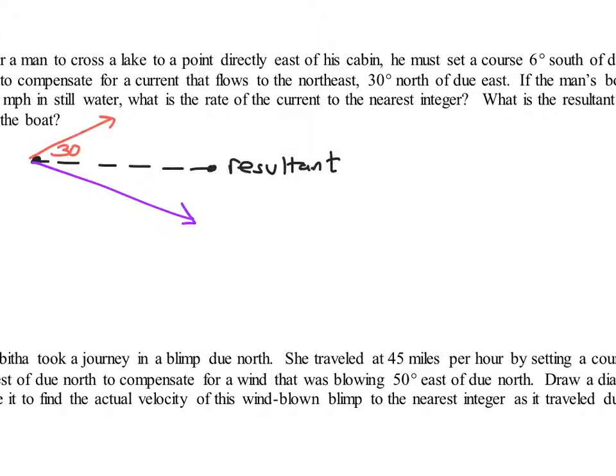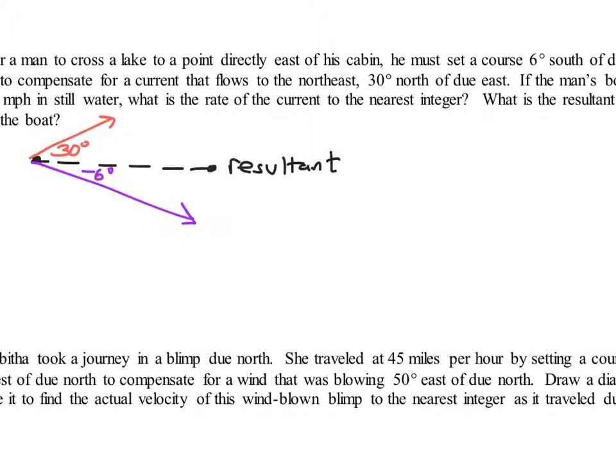So we got 30 degrees and 6 degrees south, but I'm going to make that a negative 6 degrees because if we're assuming the resultant is going in the 0 degree direction, that's 6 degrees clockwise, so making it a negative angle. All right. The man's boat travels 20 miles an hour in still water.